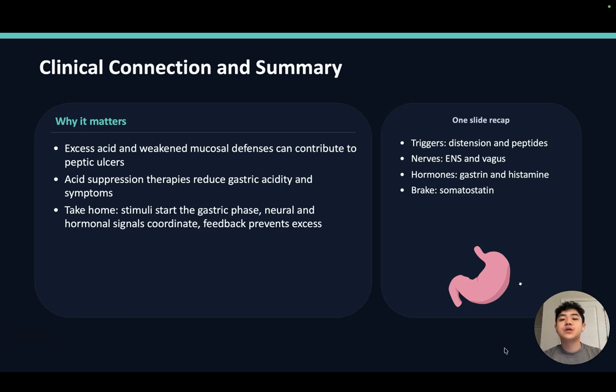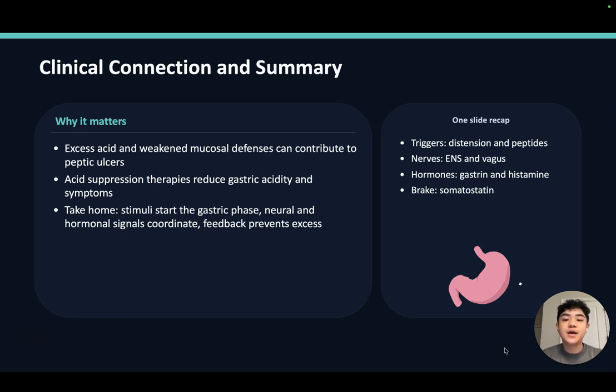Now let's summarize. So the gastric phase begins when food enters the stomach. The distension and chemical signals like peptides and amino acids activate the sensory receptors. The neural pathways, including the ENS short reflex and vagal long reflex, increase secretion and motility.